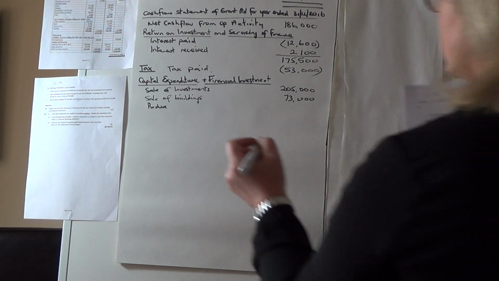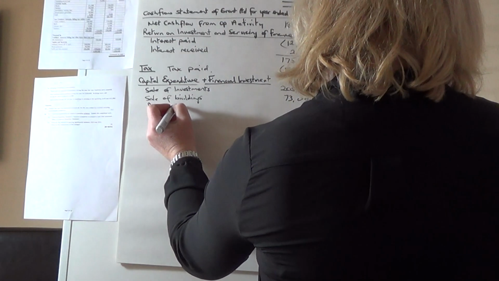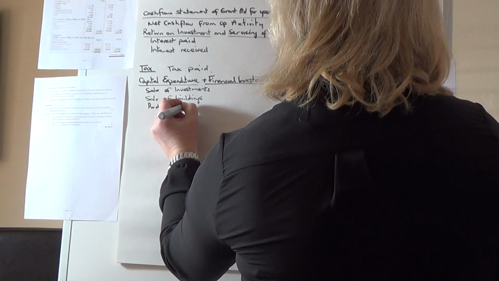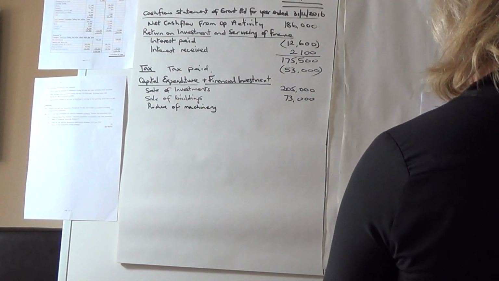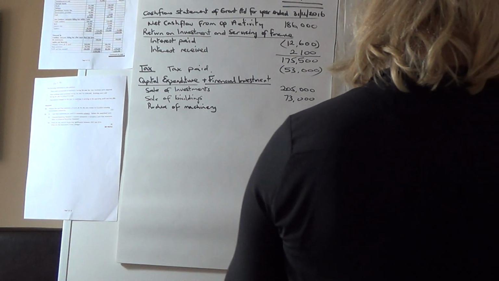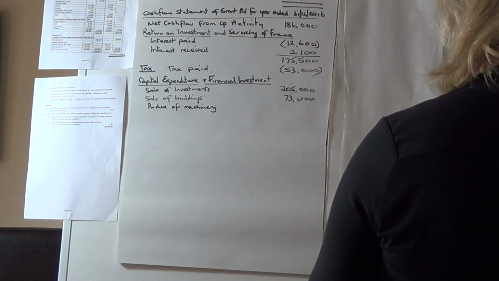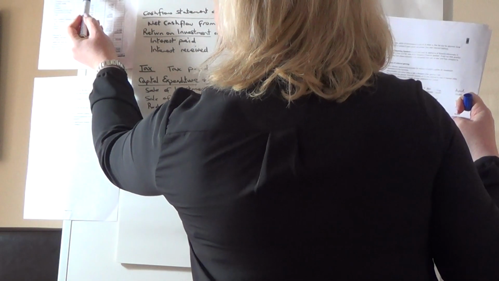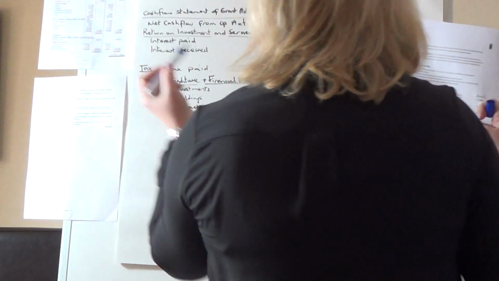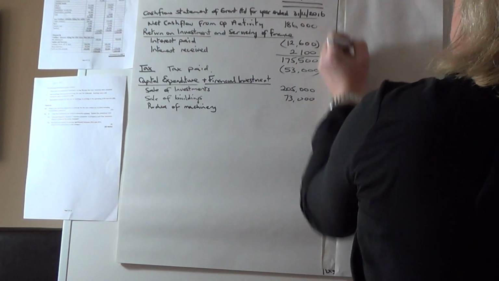So the next thing we want to do is look at the purchase of machinery, and we know that the machinery started out at cost at 325, so I just want to do working on that.